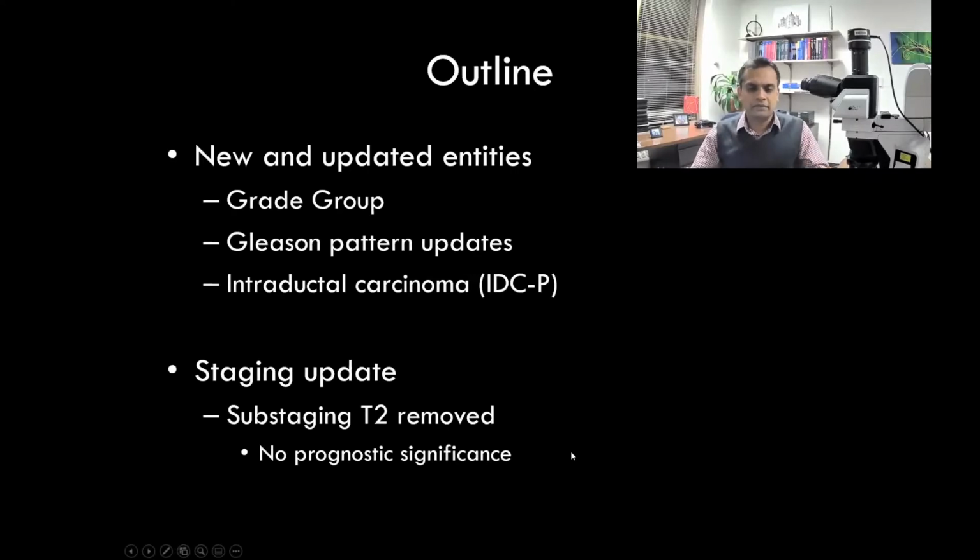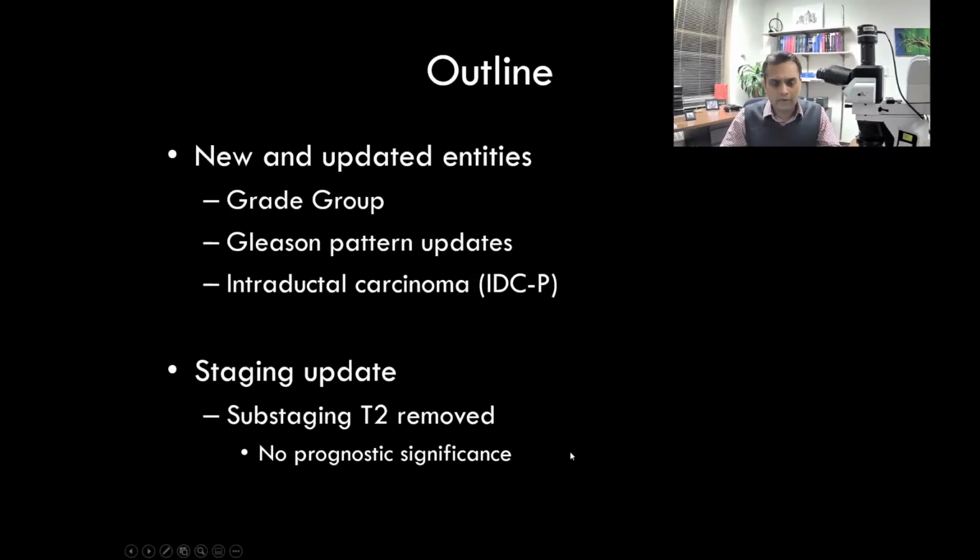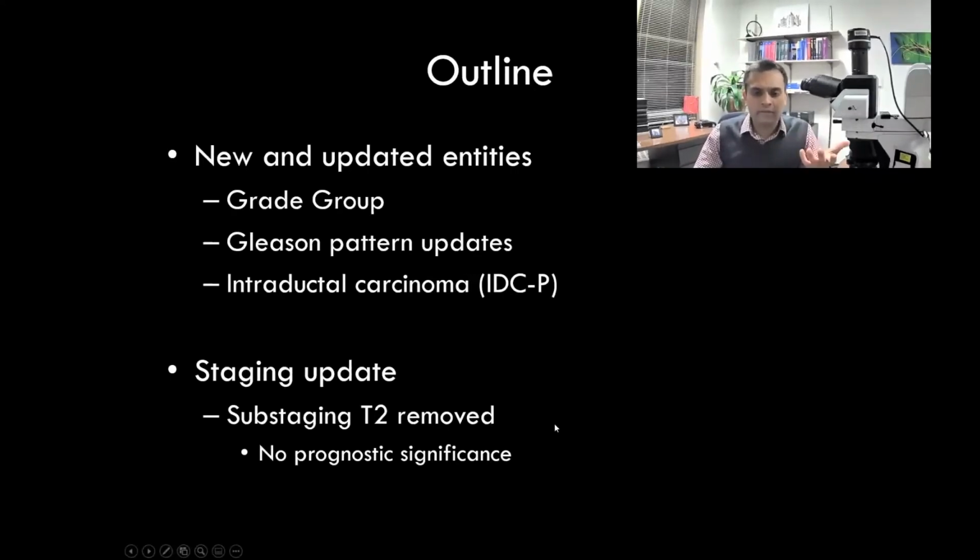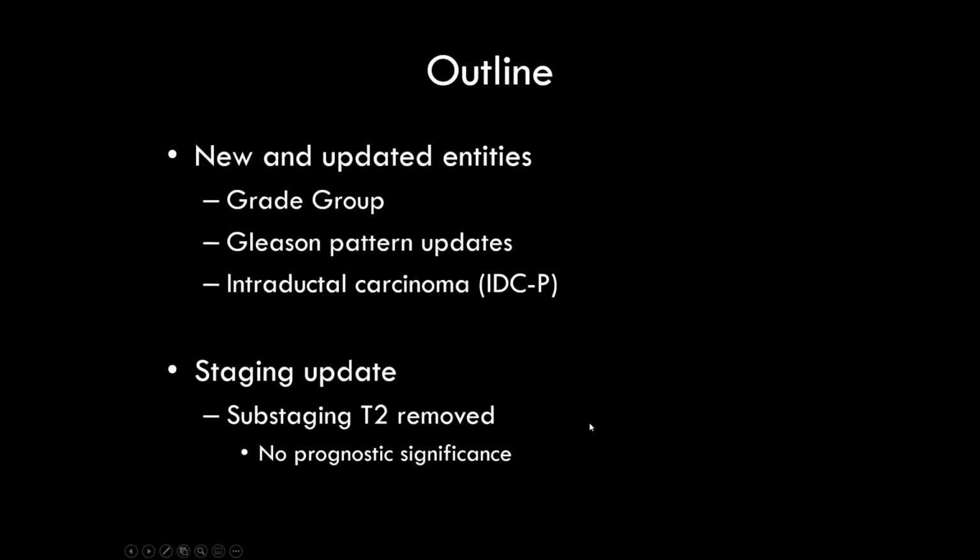The only minor change is that the substaging for PT2, essentially what we used to do as PT2A, B, and C, depending on the extent of the prostate involved, has been removed. So there is only one stage, that is PT2, because none of the substaging had prognostic significance. That's about it for prostate staging updates.